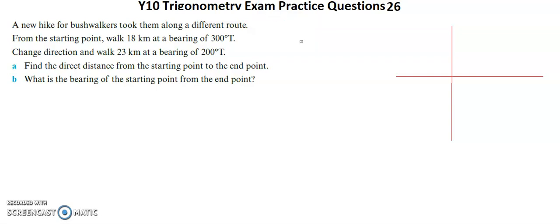This is going to help me with drawing, because it says walk 18 kilometers at a bearing of 300 degrees, true bearing. That is 90, 180, 270, so that just means this here is 30 degrees. So I know from here all the way to here is 30.